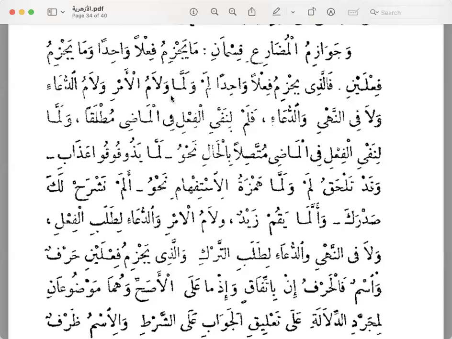We only use this in pre-classical Arabic. لما يقضي ما أمره, he has not done what he has commanded him to do yet. Whereas they would say ليس بعد, لم يفعله بعد. That's how we do it in classical Arabic. But in proper Fusha, meaning pre-classical Arabic, ولما, and not yet. لما يأتي زيد, Zayd has not come yet.